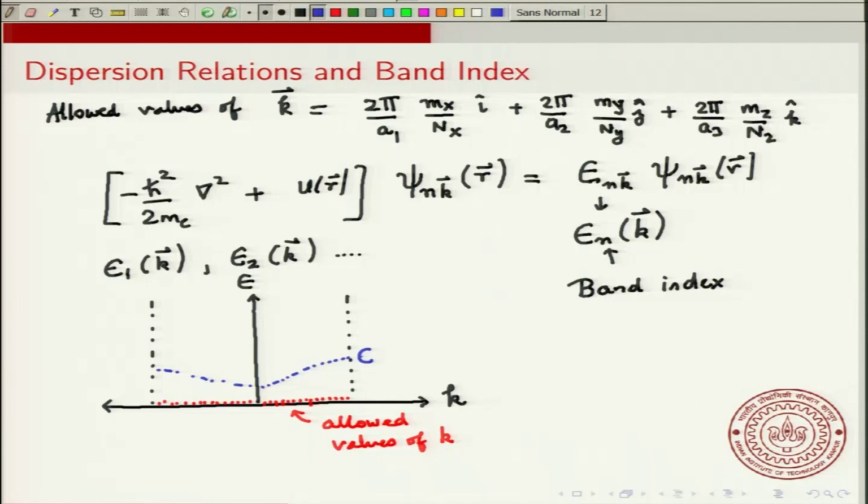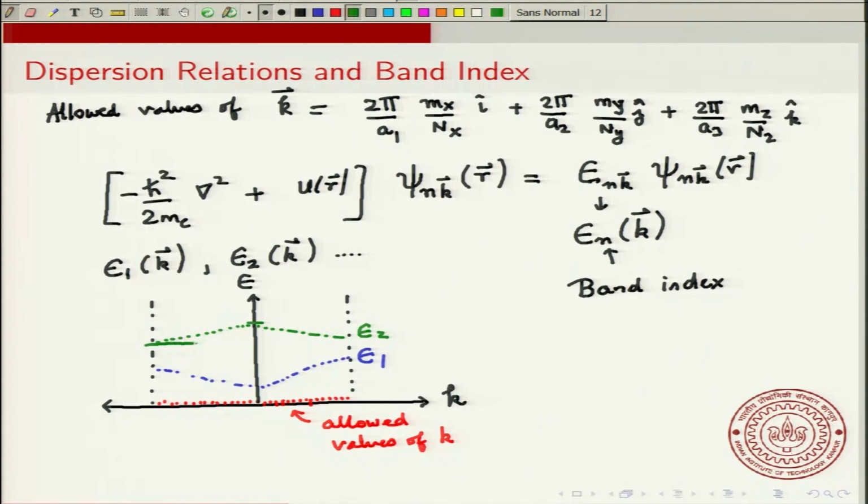So, this is epsilon 1 of k. If I look at epsilon 2 of k, it might look something like this, and so on. Now, what you see from here is that epsilon 2 has a range of values.